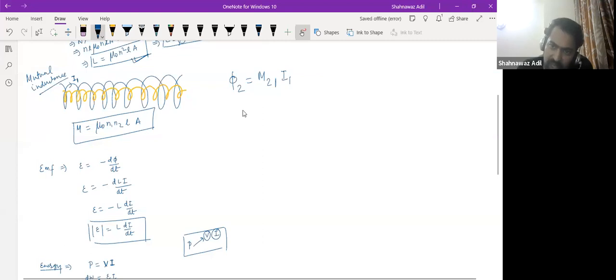Or if we are generating the flux in the first coil, the primary coil, that would be M12 and due to current I2. And in the final stage, we will prove that M21 equals M12. So these are the two things that we have to do, and for both the cases we'll get the same.